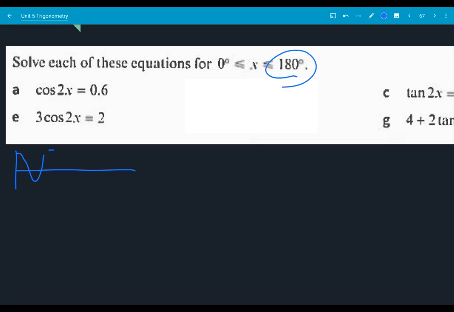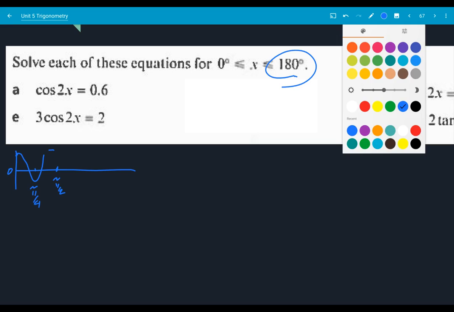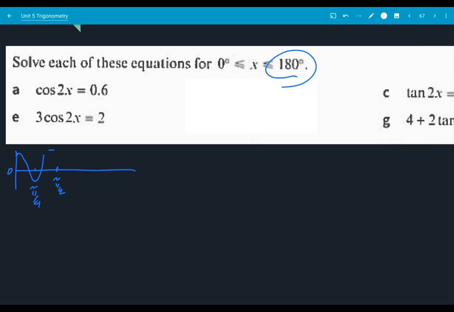So all I care about is this, and this is pi over 2, pi over 4, and this is 0. And I am looking for where it is 0.6. Well, this is going to be 1. Actually, this is going to be 2. 0.6 is less than 1, so it's somewhere in here. So I know I'm going to be looking for 2 solutions.